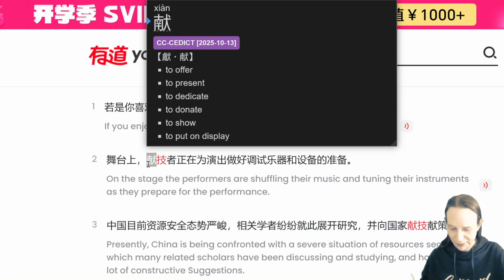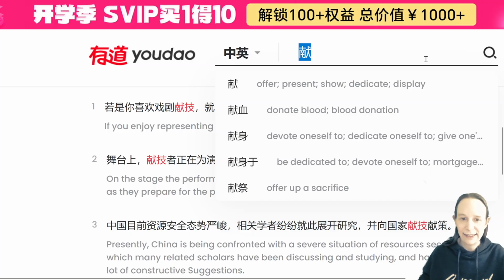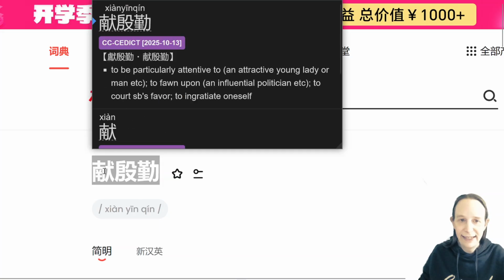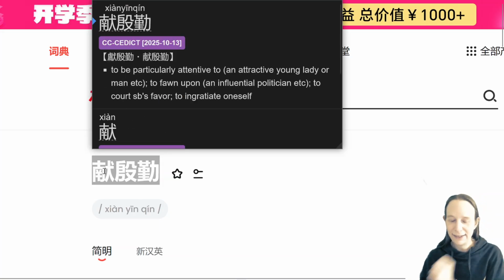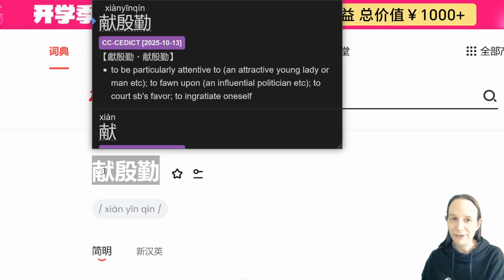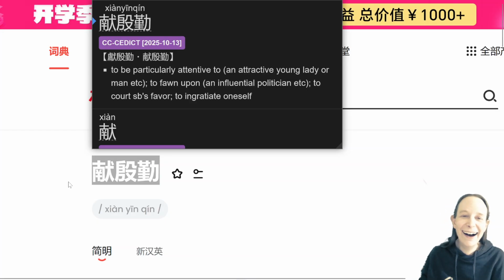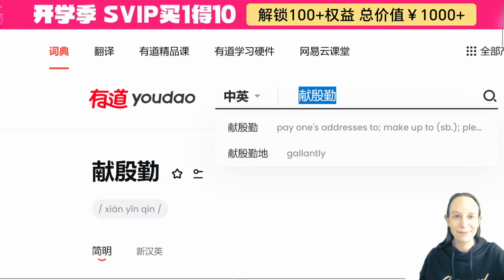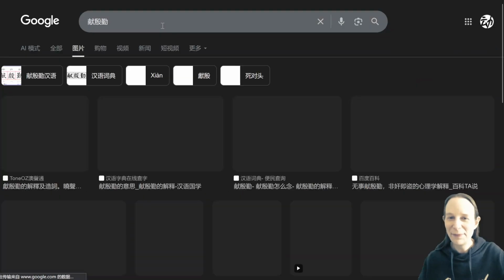Okay, and their other example is 献殷勤. So this is to, all right, so you're performing it in front of someone, or you're performing 殷勤 to be particularly attentive to an attractive young lady or man. All right. So, you got a bit of a crush, do you?